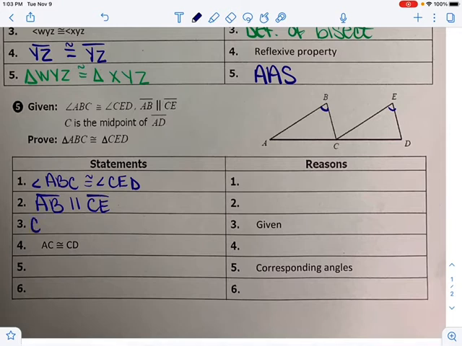And last one is C is the midpoint of AD. Midpoint. Last freebie to copy down is whatever they want us to prove. Triangle ABC is congruent to triangle CED.